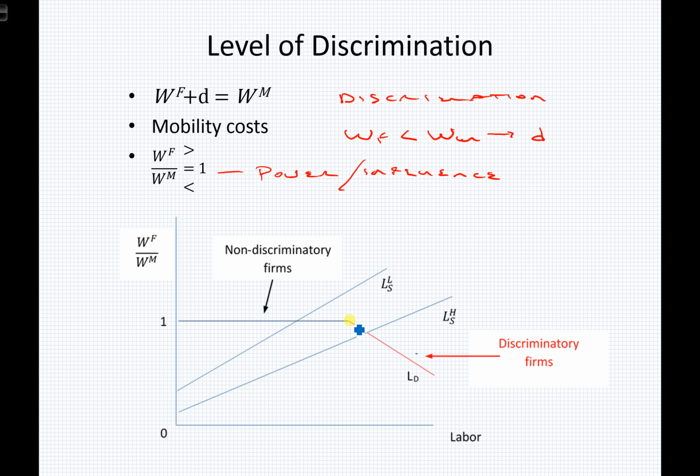We would see this curve then come outward, and then the discriminatory employer part of it, the downward sloping part of it, would be evident. So you can see different morphings, different changes in the way that we can model or describe markets using this WF over WM construct. And this is simply, again, the wage of the disadvantaged divided by the wage of the advantaged.